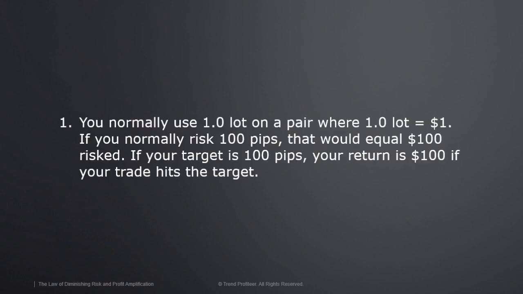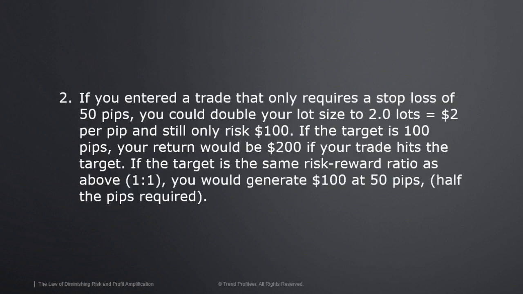You normally use one lot on a pair where one lot equals $1, say just for simplistic purposes. If you normally risk 100 pips, that would equal $100 risked at $1 a pip. If your target is 100 pips, your return is $100 if your trade hits the target.